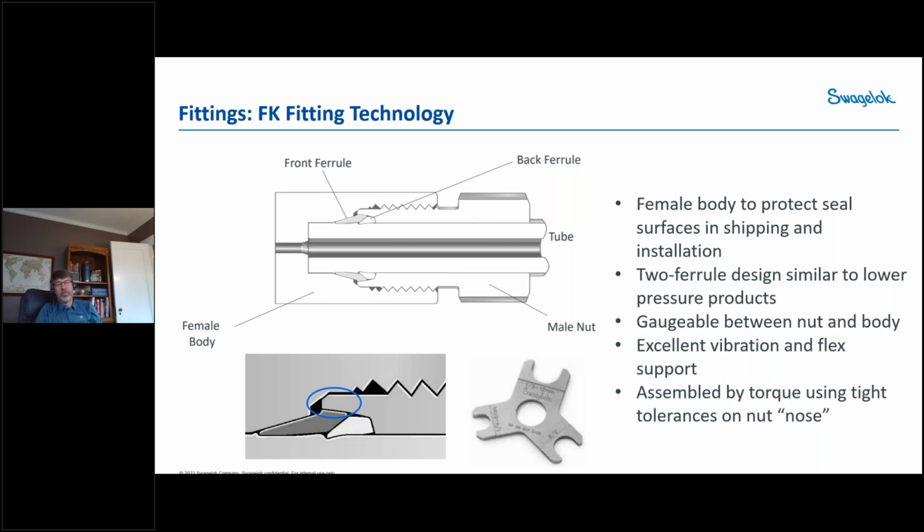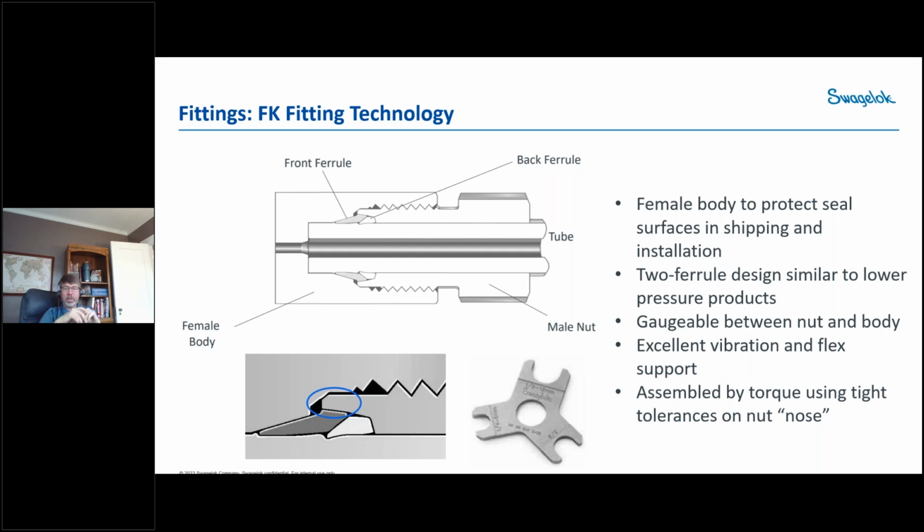And that feature there makes this product assembled by torque. So we can either fully turn it one time after finger tight, and that creates the seal, or we can torque it to a certain rating. And when the body hits the bottom of the nut, the torque spikes, and that reaches our torque rating, ensuring that the seal is properly made.